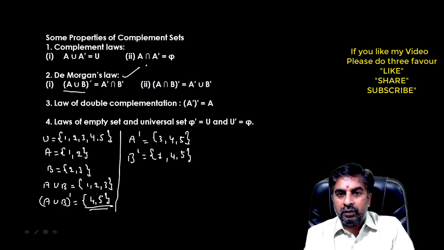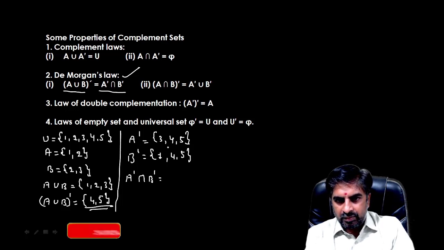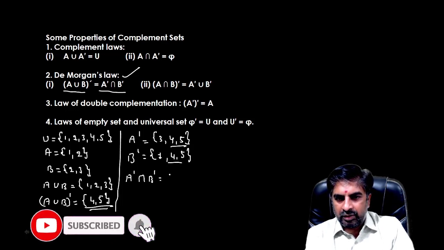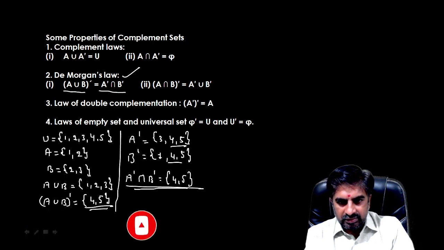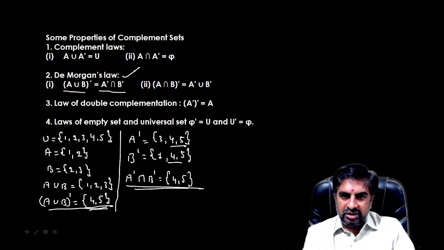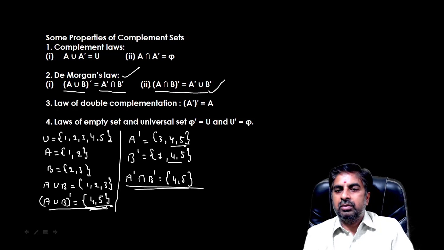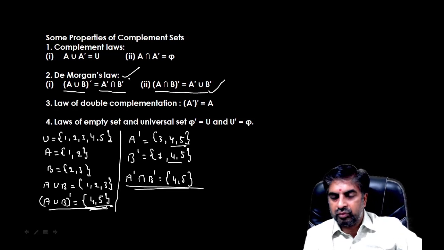Now you need to take the intersection of these two, A dash intersection B dash. The common elements are 4 and 5. You can see these two answers are the same, so this is De Morgan's law. Similarly, in the same manner you can prove the other one also, guys. Please keep this in mind and try to solve it yourself.